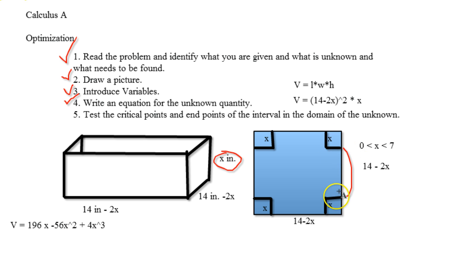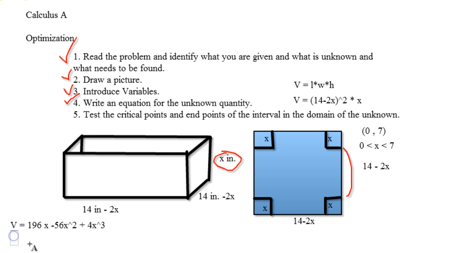I would just be cutting in this one part, and I really wouldn't have any width. So x has to be less than 7 and greater than 0. You could say this is the interval from 0 to 7, and this is the interval you really want to think about for the variability of x.